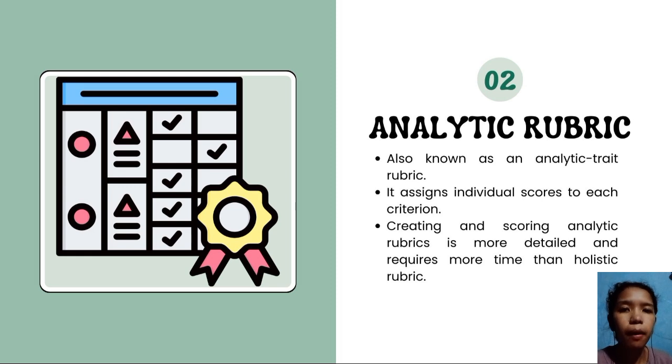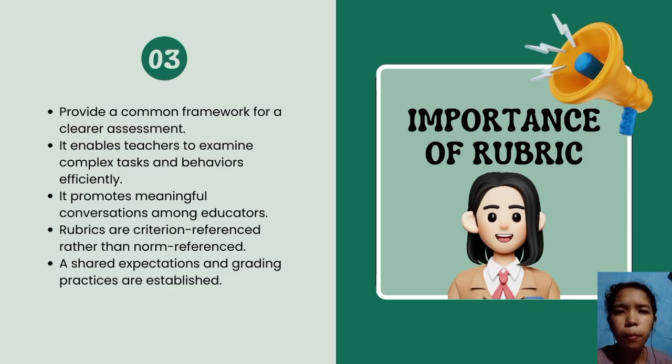This is especially useful for formative assessment because it helps students clearly see their strengths and weaknesses, making their learning growth more visible. The only challenge is that analytic rubrics take more time to create and score compared to holistic rubric.